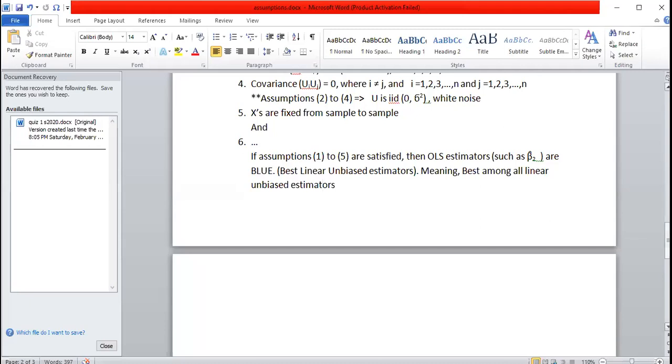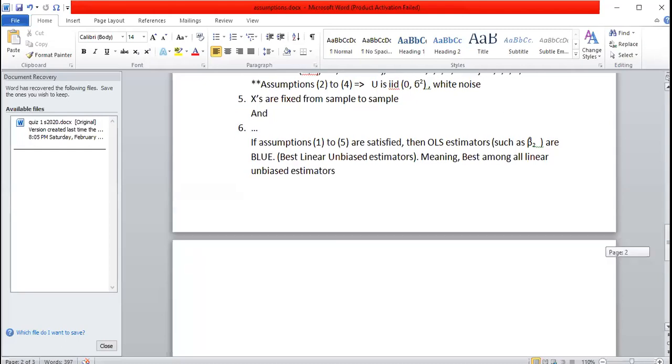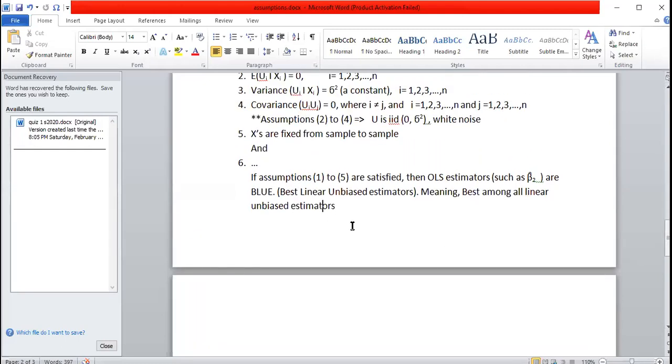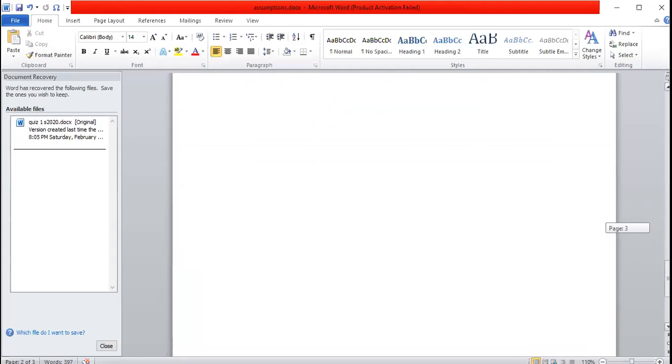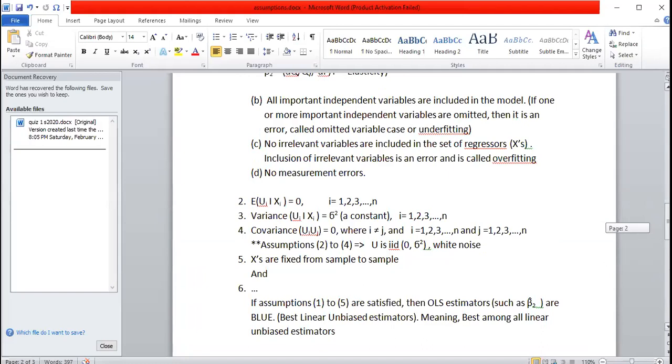And we are not going to prove much. Proving takes long calculation. We'll prove some easy ones, like unbiasedness or linearity. Best is a long proof. I'll just let you know what that means, try to make sense of what it means, and then we will move on to the software.